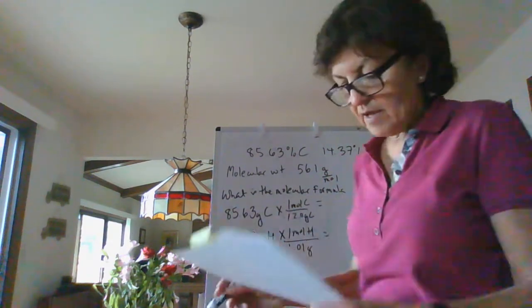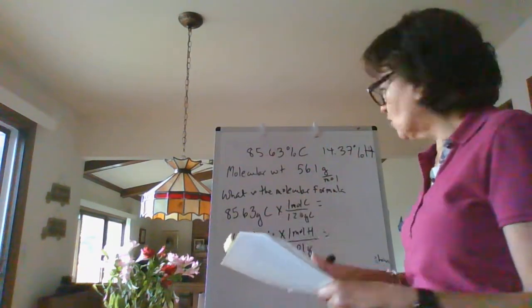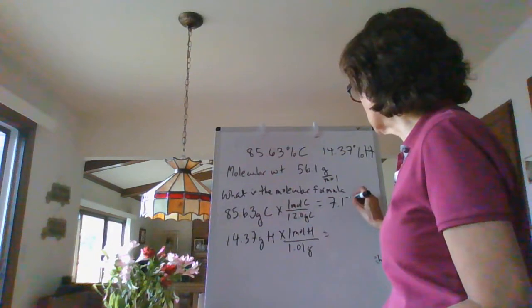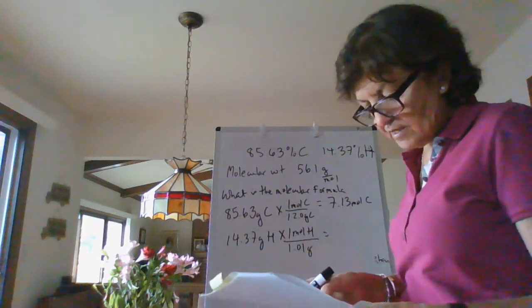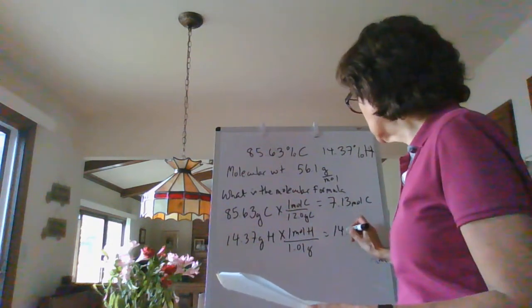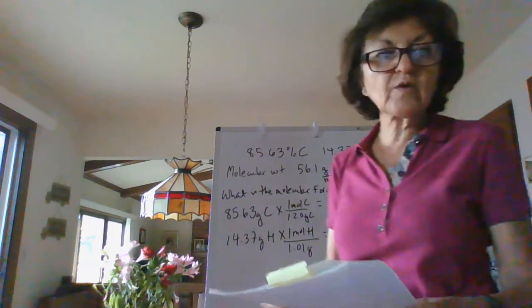Okay, and we do the math and we get 7.13 moles of carbon, and we get 14.2 moles of hydrogen.